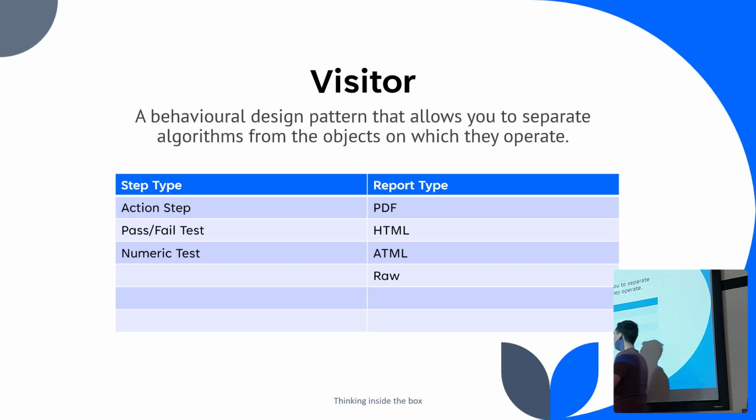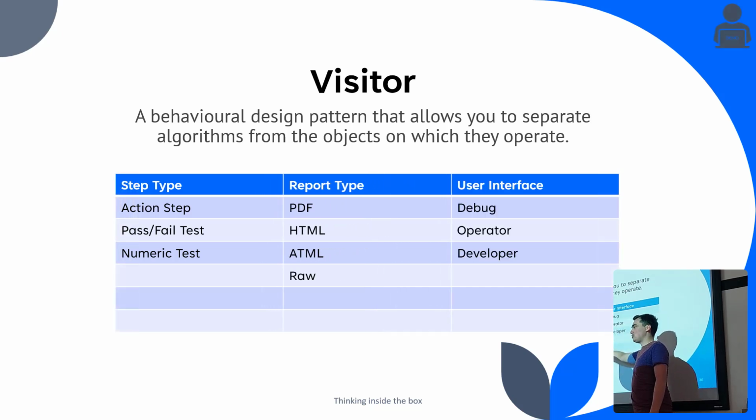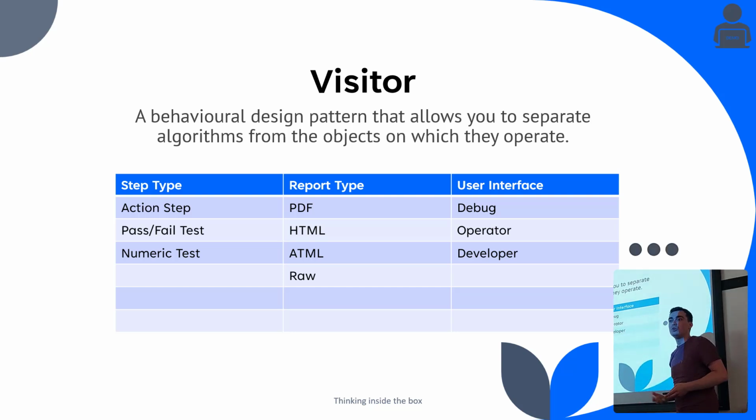And then you get an extra set of requirements for a user interface, and each of those steps should interact with the UI, and you might get more and more requirements. With strategy, you would have an object in your class private data of step type, and that object would be of type report or of type user interface. But ultimately, you need to know what these are in order to put those objects in the class private data.